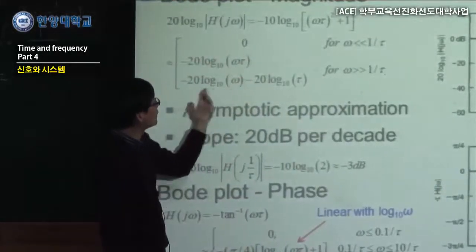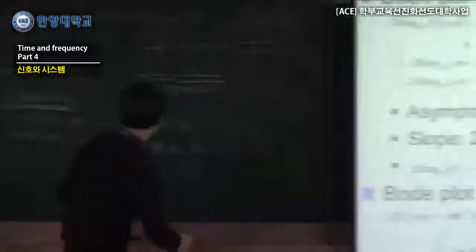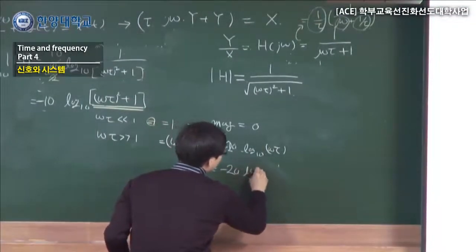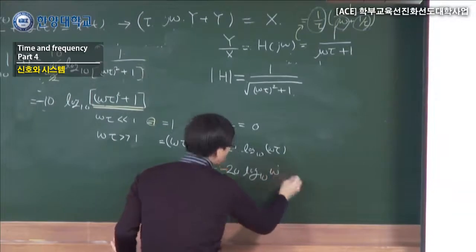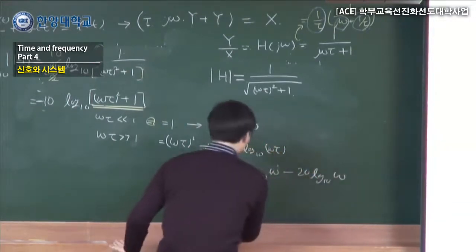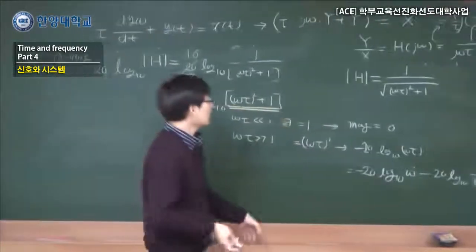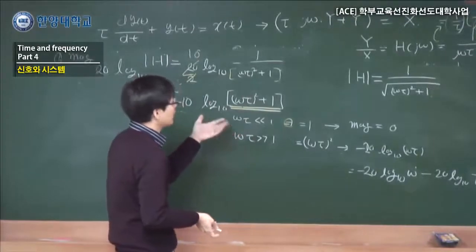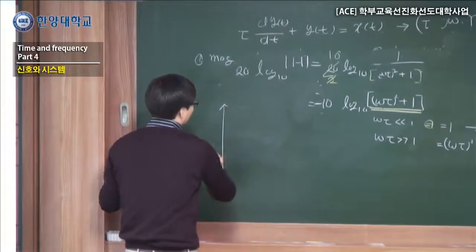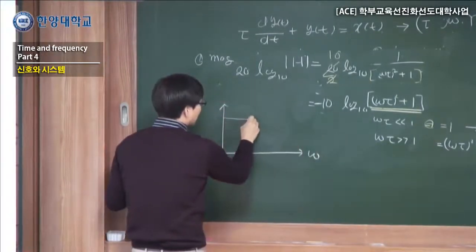In between, we can think of them as 20 log 10 omega minus 20 log 10 omega tau. You can think of them like that. So if you plot it, with magnitude 0 and then this, it looks like this.